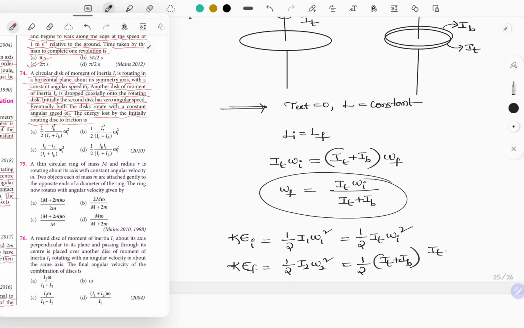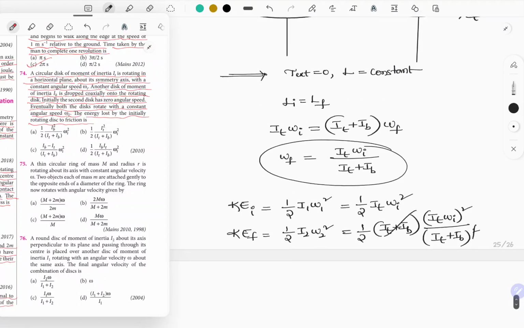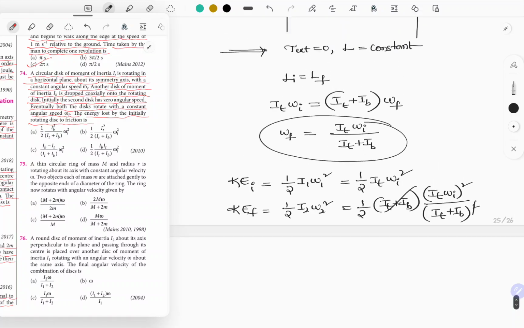It is IT omega initial whole square divided by IT plus IB whole square. So IT plus IB will get cancelled out. So final kinetic energy is equal to IT square omega initial square by 2 times of IT plus IB.